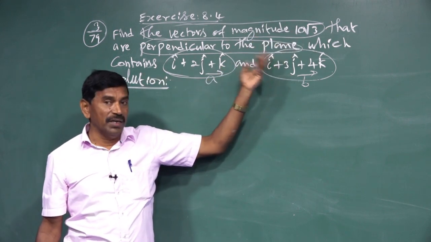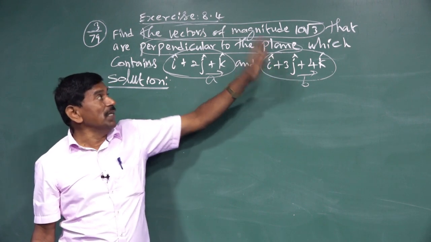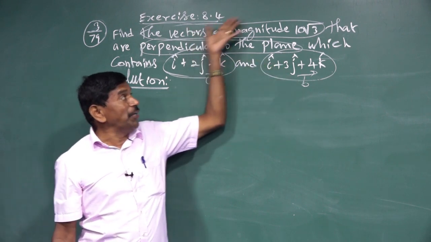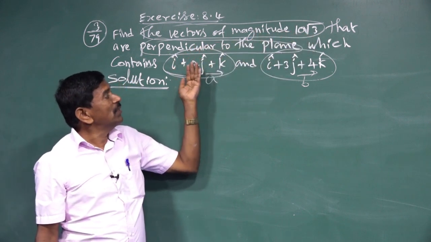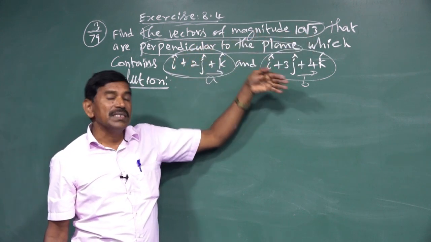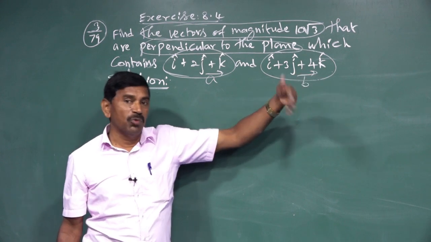So this model we already completed. This question is of the form: the vectors of magnitude 10 root 3 which are perpendicular to both A vector and B vector are given by the formula, one can write it directly.